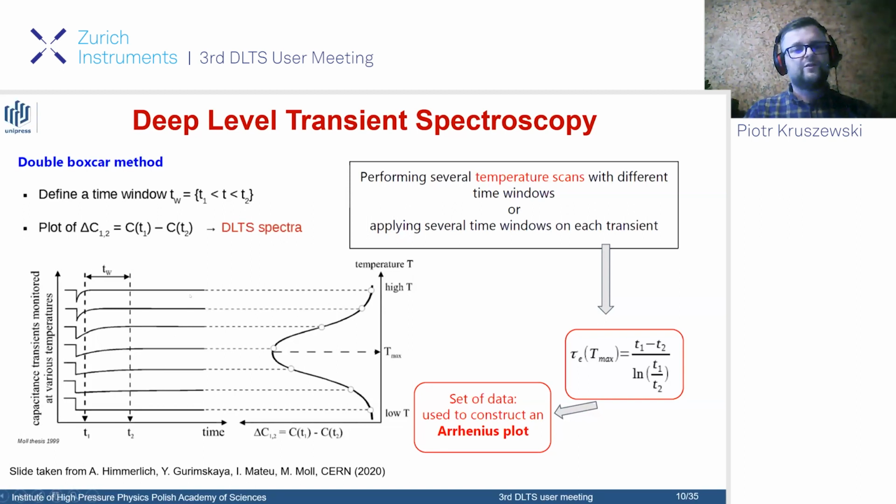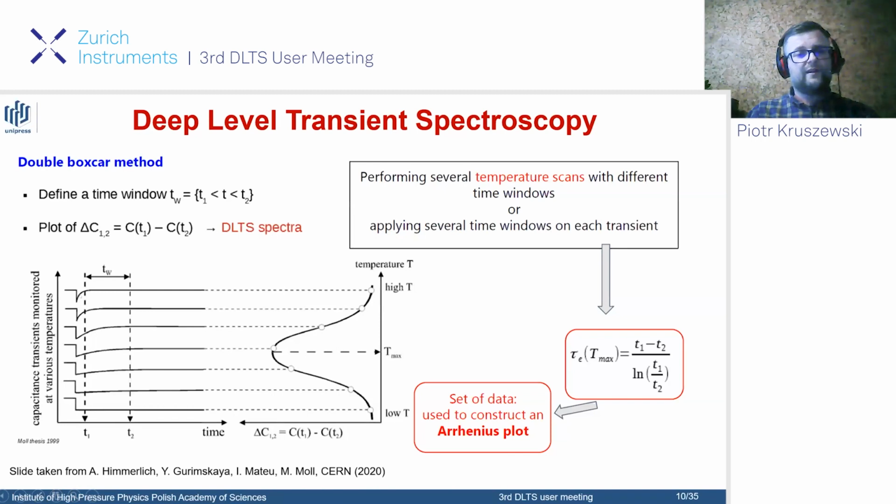Okay, so just to remind you how the DLTS signal is collected in the experiment. As you remember, we measure the capacitance transients at different temperatures, and we observe how the transient changes, in such a manner that we define the difference in capacitance at two points, T1 and T2. If we subtract the capacitance at those two points, we can create the DLTS peak in this way: for slow transients, like here, the difference will be almost zero.